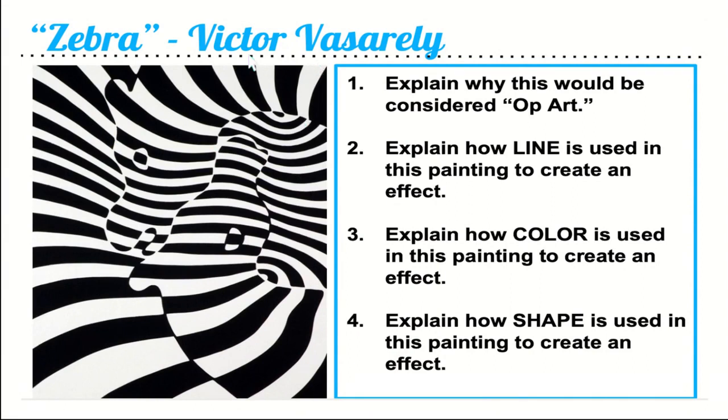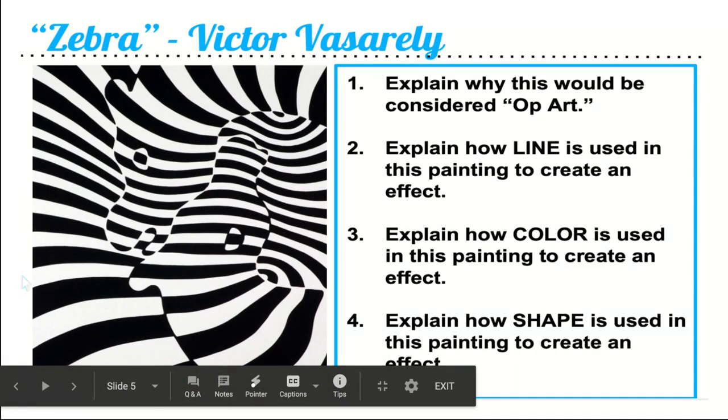But he uses line to create this curve, and it changes the curves when it's not a part of the neck and head here. It's interesting how he uses those shapes and the pattern of black and white to create his image.